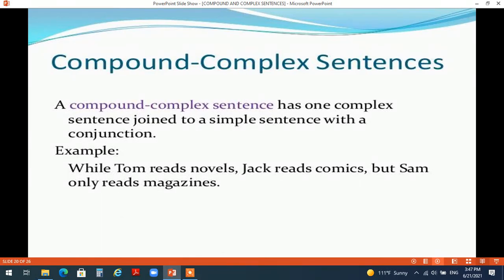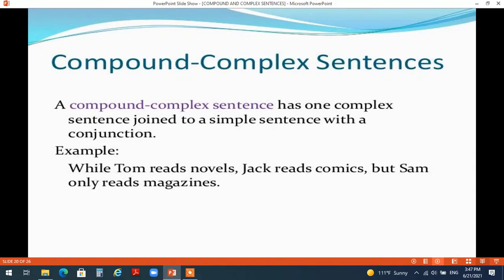For example, while Tom reads novels, Jack reads comics, but Sam only reads magazines. Here we have three simple sentences or three clauses which have been joined together. First of all, we have used the subordinator while at the beginning. إذن while Tom reads novels راح تكون هذا dependent clause لأنه بدأ بالsubordinator while.